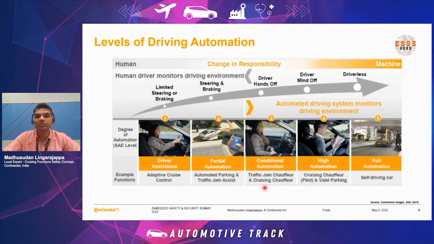Whenever there is a request from the system to take over the DDT responsibility, he should be able to take back the dynamic driving task. Coming to Level 4, here the driver is not the fallback, the system is the fallback. That is the difference between Level 3 and Level 4.